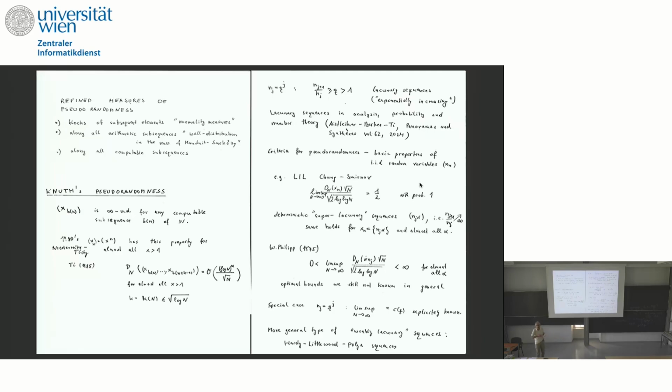Lacunary means exponentially growing. The simplest example is the example known from the theory of normal numbers, Q to the j. If Q is a base, a number is normal if and only if alpha times Q to the j, or Q to the n, is uniformly distributed mod 1. Alpha is normal with respect to base Q if and only if this sequence is uniformly distributed mod 1.